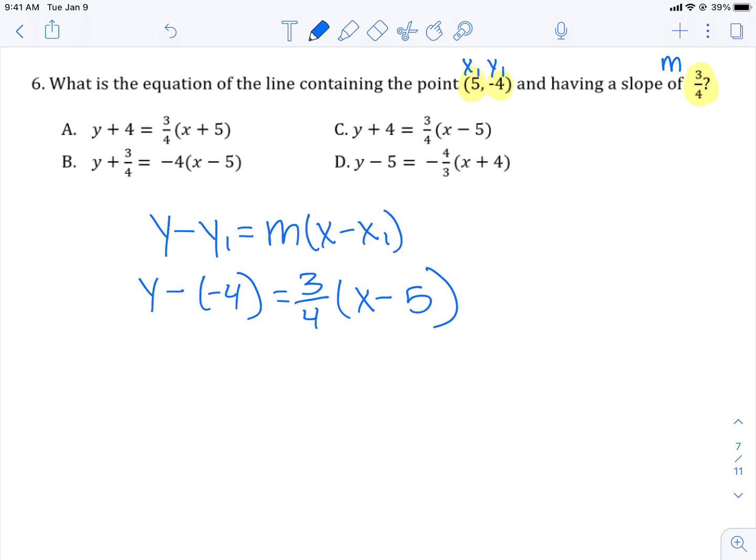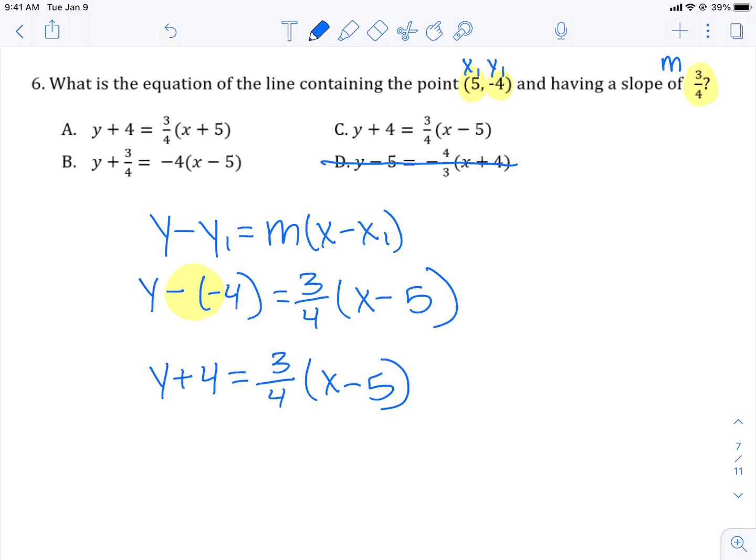Okay, I see that I have a double negative right here. We don't want a double negative, so two negatives make a positive, but only in the math world. And that's all I can simplify, so let's see which answer choice matches it. We can eliminate D because D has the wrong slope.